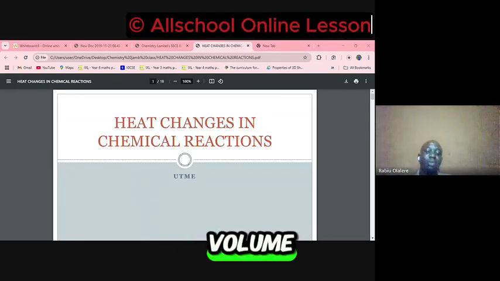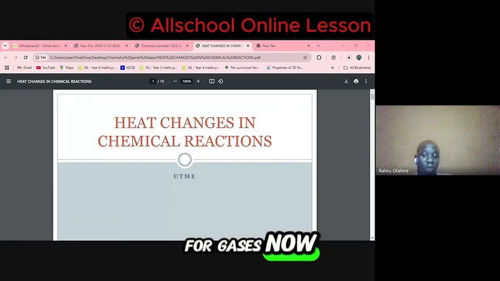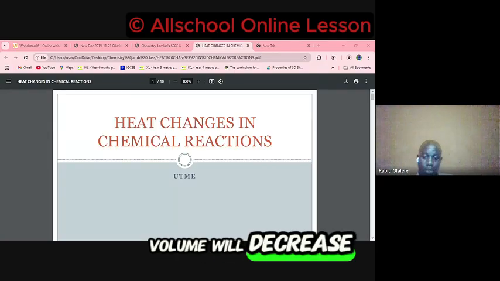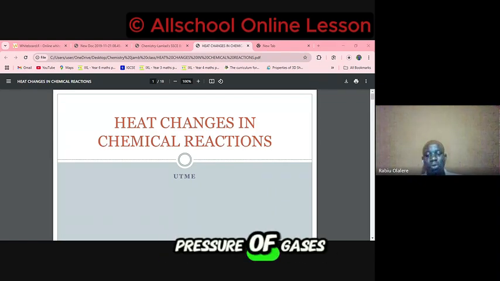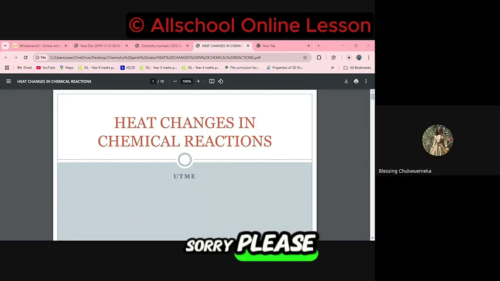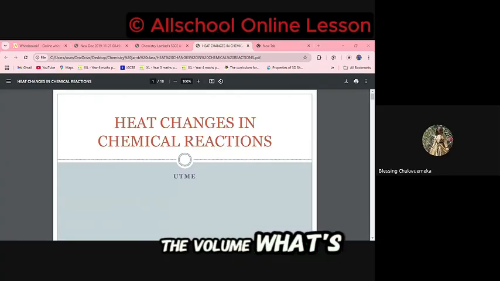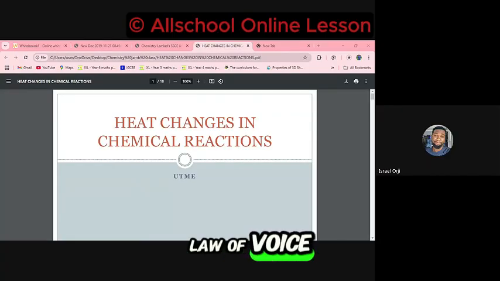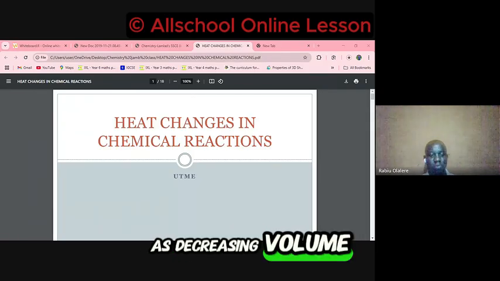A decrease in volume will increase the frequency of collision for gases, because when you increase the pressure of gases, the volume will decrease, and when you decrease the volume, the pressure will increase. Following Boyle's law, increasing pressure is the same thing as decreasing volume for gases.